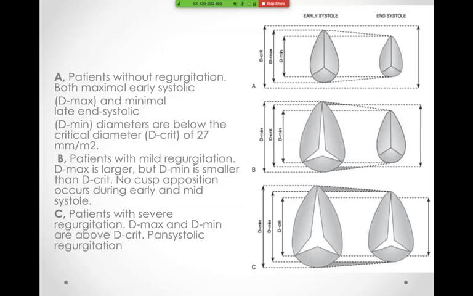So as the annulus dilates, the annular size comes in between the two. You can see that in the B image. And when there is severe regurgitation, the annular size is beyond this. Next slide, please.